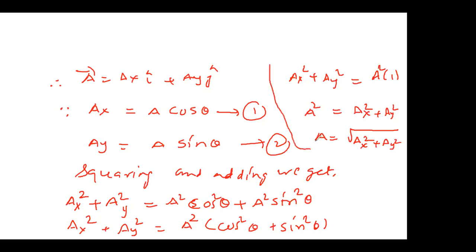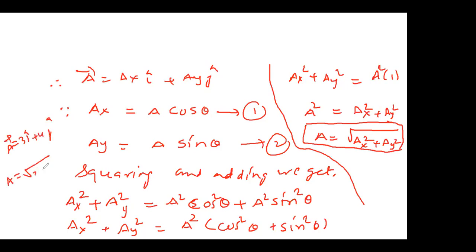This is the formula for the magnitude of a given vector. That means if I have A bar equals 3 i cap plus 4 j cap and somebody asks what is the magnitude, I will say it is root of 3 square plus 4 square, which is 9 plus 16, 25, that is 5. Have you followed?